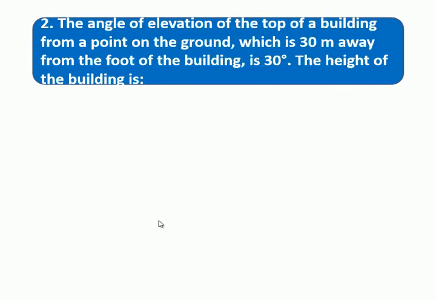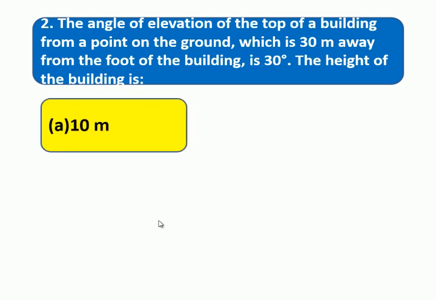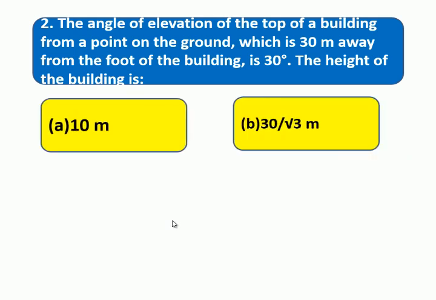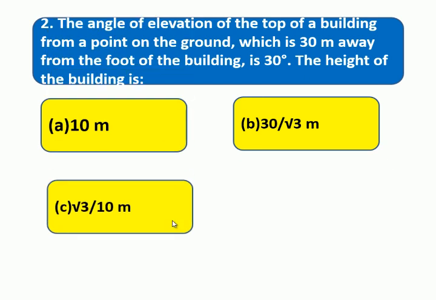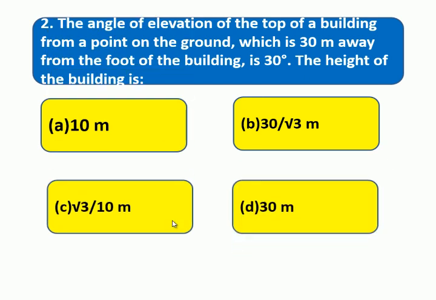Now for question 2. The angle of elevation of the top of a building from a point on the ground which is 30 meters away from the foot of the building is 30 degrees. The height of the building is: So as per the situation, you have to draw the figure on a rough page and identify the correct option: 10 meters, 30 by root 3 meters, root 3 by 10 meters, or 30 meters.